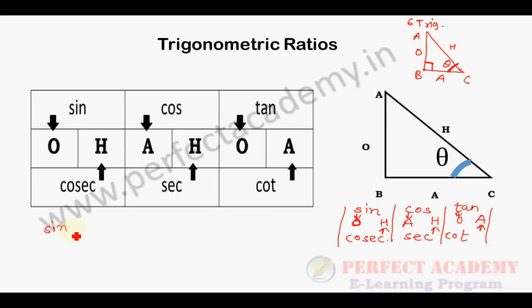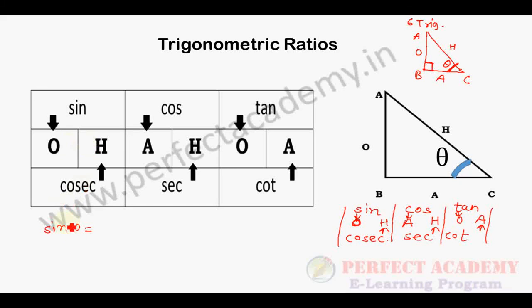Always remember, trigonometric ratios are ratios of sides of the triangle taken with respect to a certain angle. In this case, I will consider theta as that certain angle. So, how will I utilize this table?